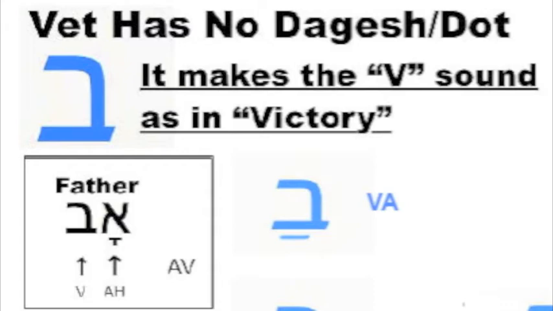That line also makes the Ah sound, like the little T. So you get the V and Ah, Va. And look at the Hebrew word for father. Remember, you read from right to left, so you get Ah and V. Or put them together, you have Av, father.